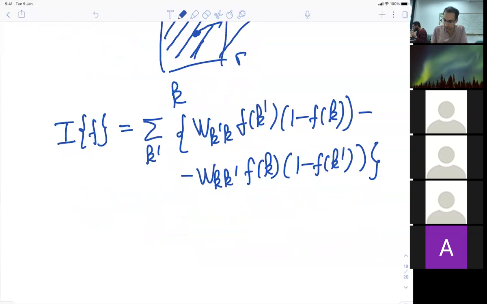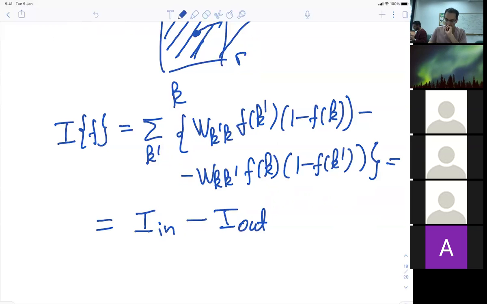And these two terms I can symbolically call the first one influx and another one outflux. Okay, so let us see if we understand what is written here.